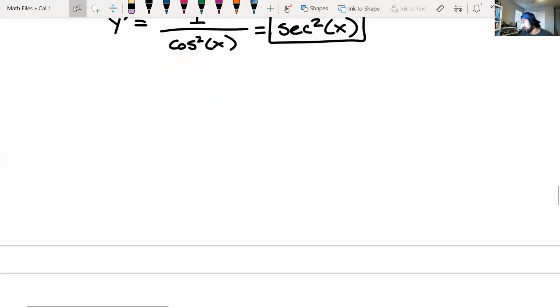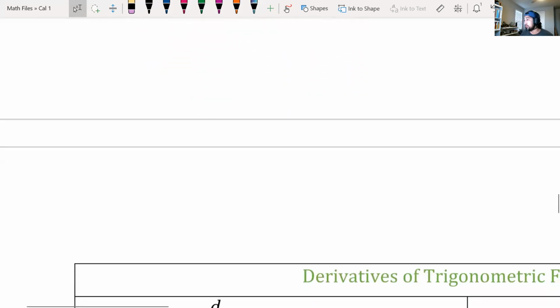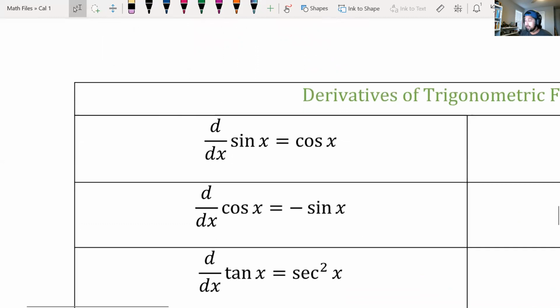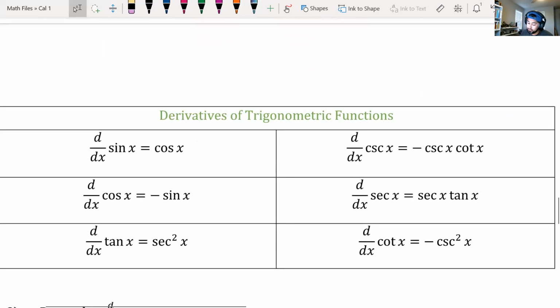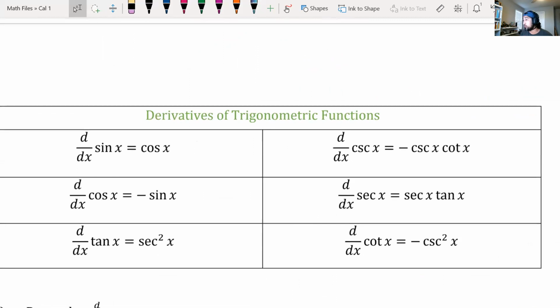So on the next page, I've made it easy for you. You can put this on your wall. Here is a table of the trig derivatives. We know that the derivative of sine is cosine. The derivative of cosine is negative sine. And now we know that the derivative of tangent is secant squared.